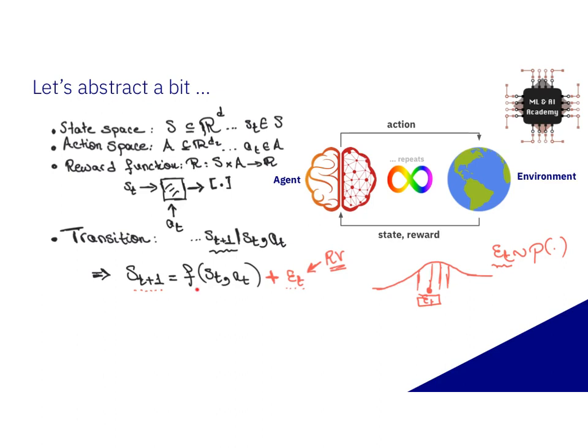So even if the function f took the same st and at, due to the possibility of observing in the same st and at different epsilon t values because it's a random variable, then st plus 1 is also a random variable. So this makes this transition stochastic, right? Which in turn means that every time I observe st and at, I can observe a different value for epsilon t, which means I can observe a different st plus 1.